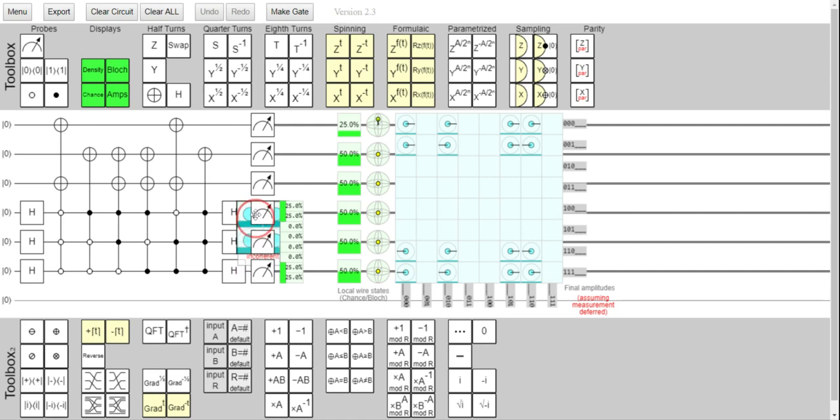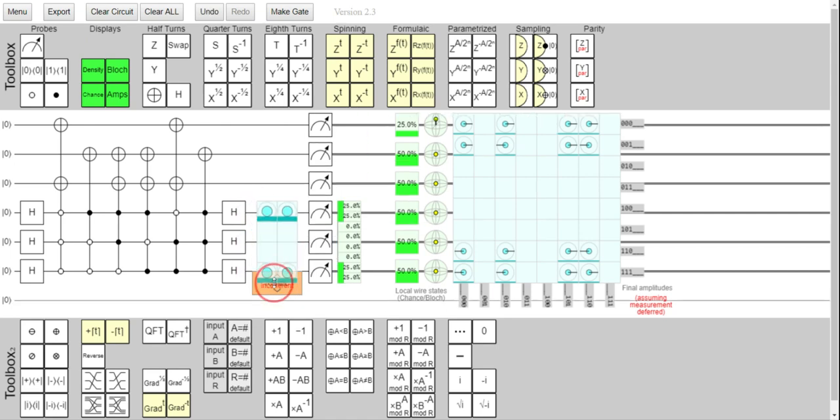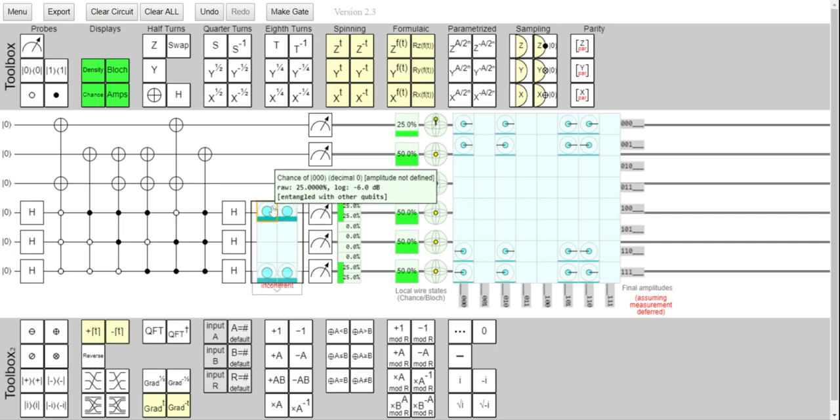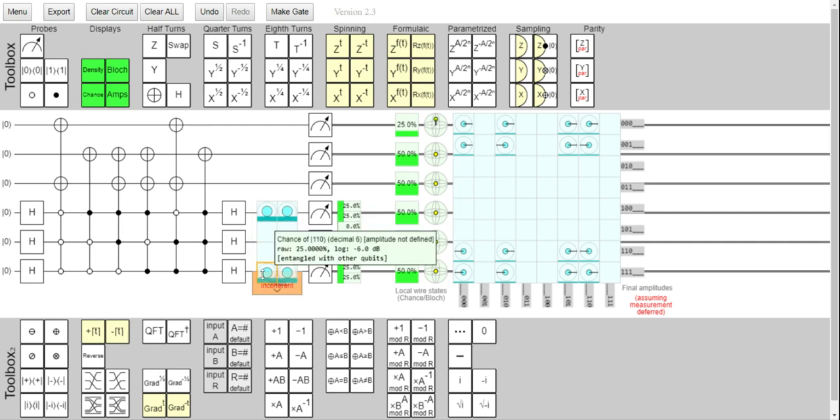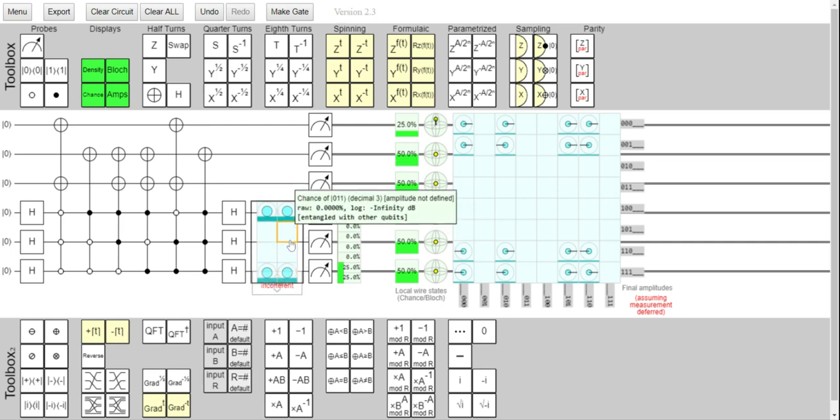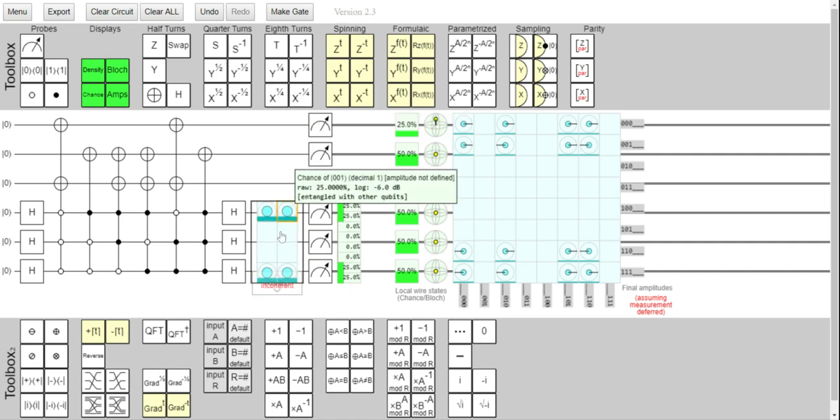So if I take a look at the amplitudes here after the Hadamards, yeah, something is wrong. I must have done something wrong.